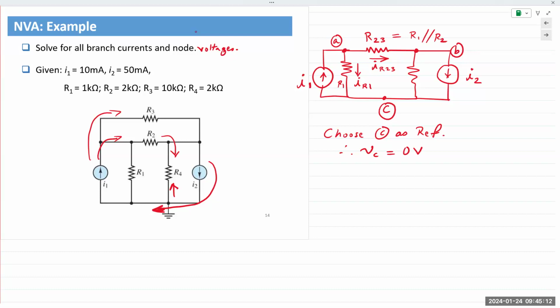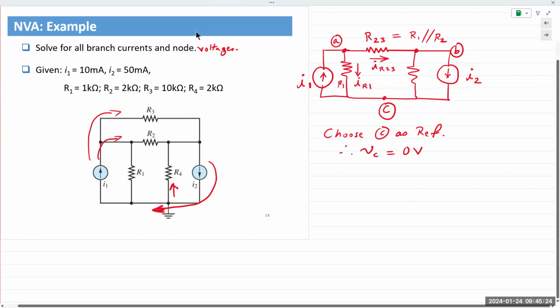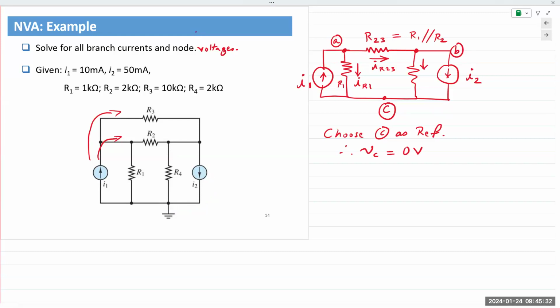You do not change it halfway through, otherwise you'd end up with the wrong answer. So I'll choose going down, just to keep things consistent. That is IR4, going down. So IR1 and IR4 are both going down. And now I'm ready to write out my KCL equations.